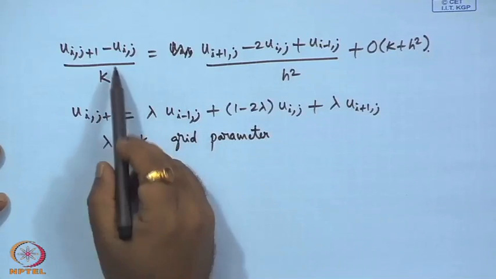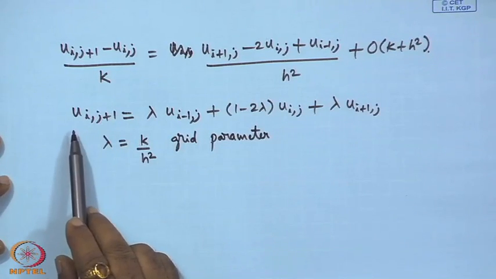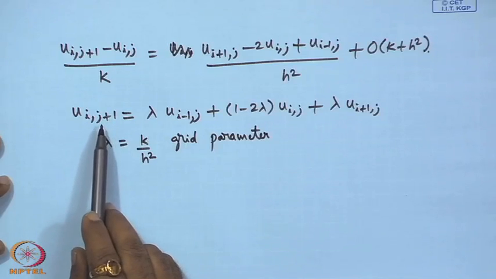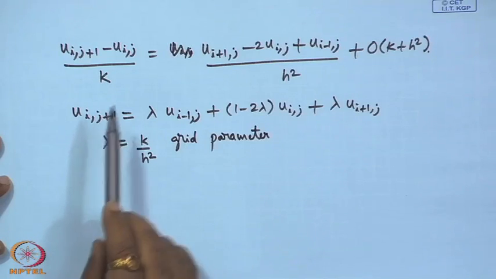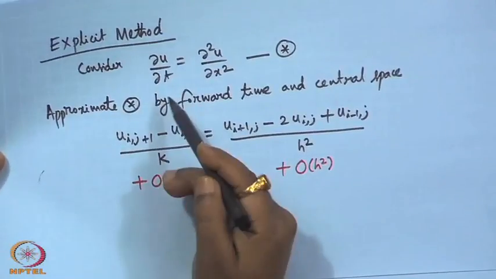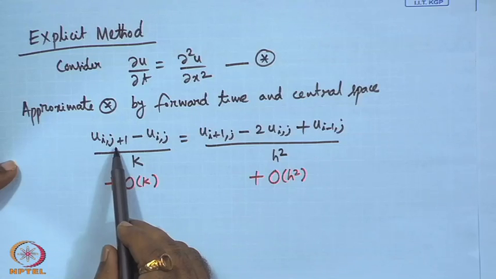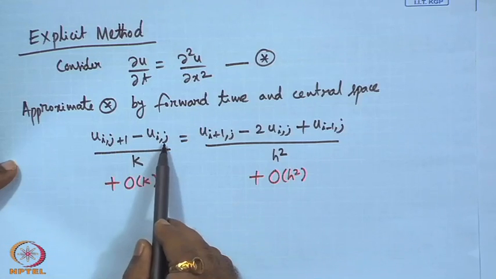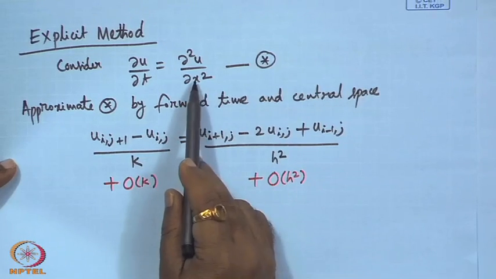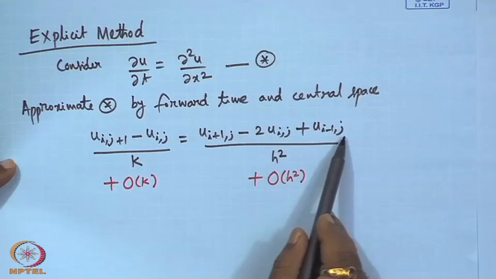Look carefully. Why did we pull j plus 1 to the left hand side? The reason is straightforward. The first order approximation we have used for the time is forward, which involves two time levels, that is j plus 1 and j, and the second order approximation for the space involves only one time level, that is j.